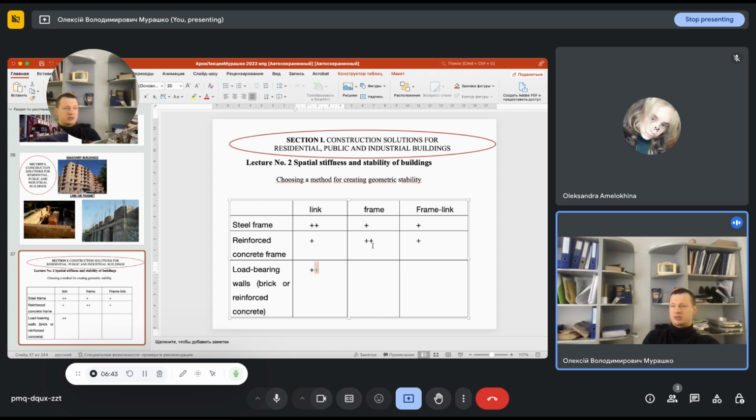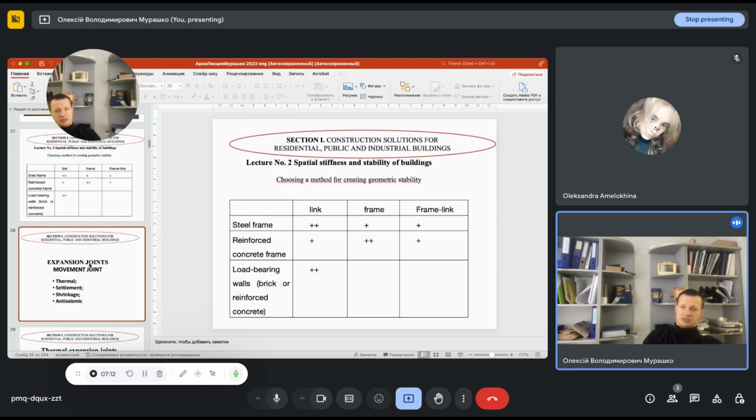It is rigid connection between beams and columns, or beams or columns and slabs, something like that. And link and frame link are also possible, but for reinforced concrete structures, the frame method is preferable. And when we're talking about steel frame, the preferable and the cheapest is the link method, and frame and frame link methods are also possible for such structural schemes.